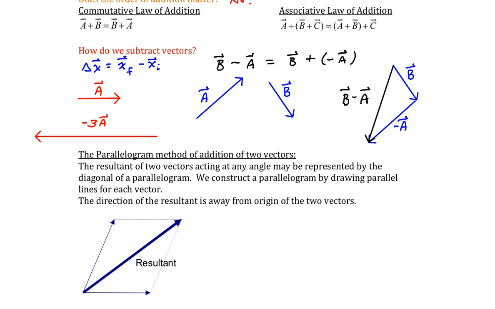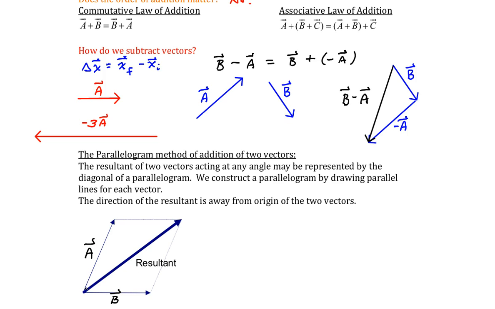Okay, our last topic in this already rather long video. We're going to discuss a method of adding two vectors that are concurrent. If you have two vectors, let's say here is vector A, and then over here is vector B, but they already happen to have their tails joined together. They're leaving the same place, and hence they're called concurrent vectors.